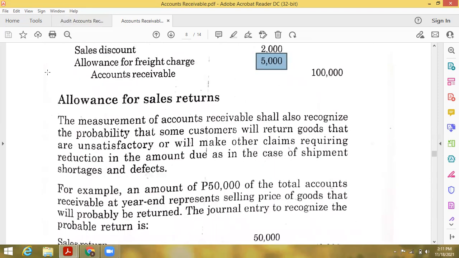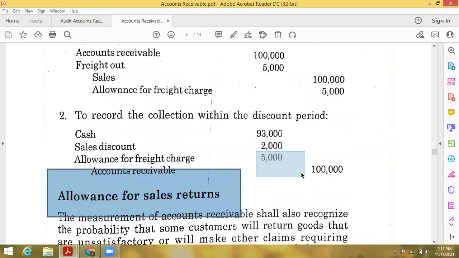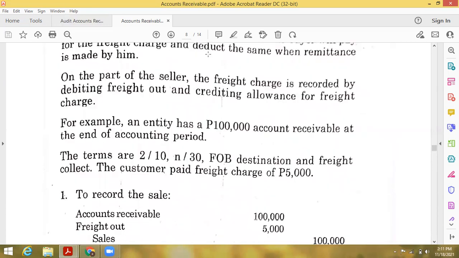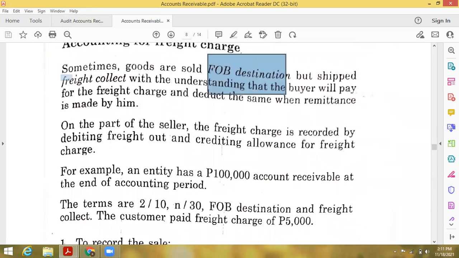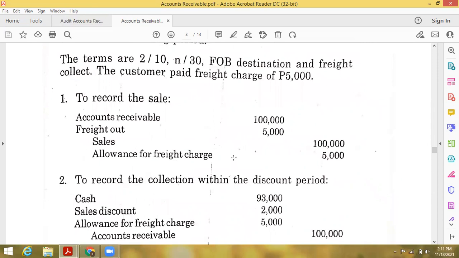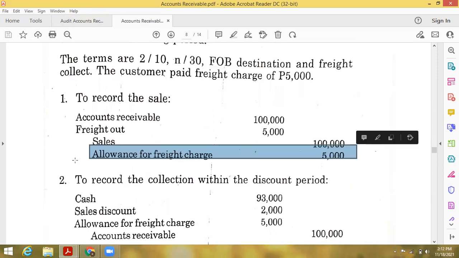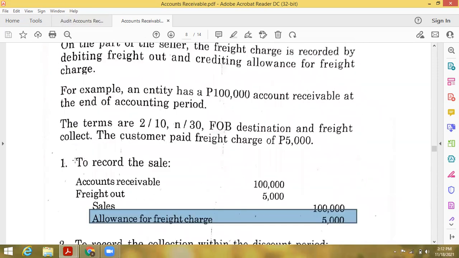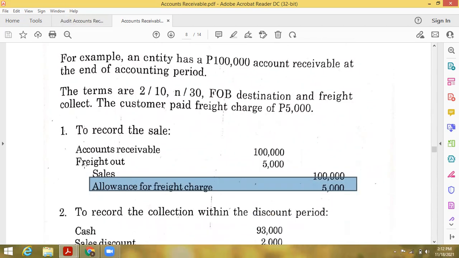So magkakaroon lang ng allowance for freight charges pag ang term natin ay FOB destination, freight collect. Kasi pag ganito, ako dapat as seller yung magbabayad, nagbayad si buyer, may utang ako sa kanya, allowance for freight charges yon. Okay. Yung allowance for freight charges is deduction to our accounts receivable.